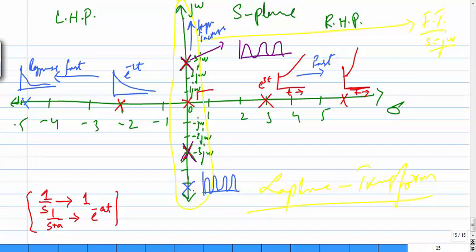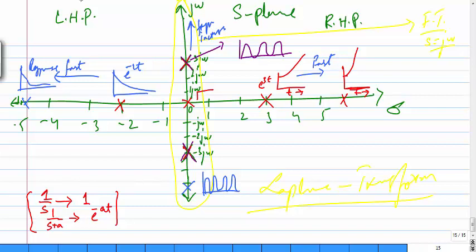So if I move further above or below on the j omega axis, the frequency of the response increases. This means that near the origin the response is very slow, but as we go away from the origin in any direction, the response is fast.